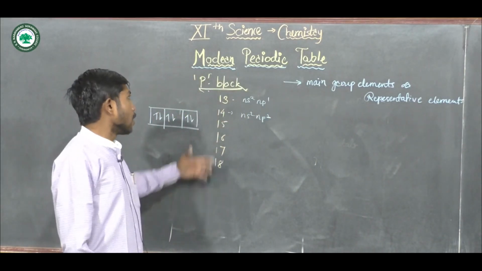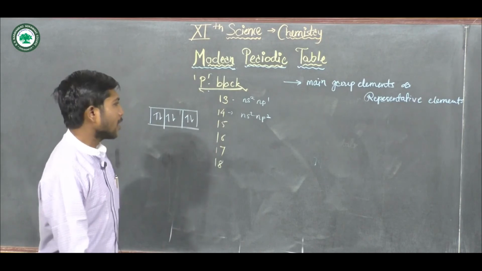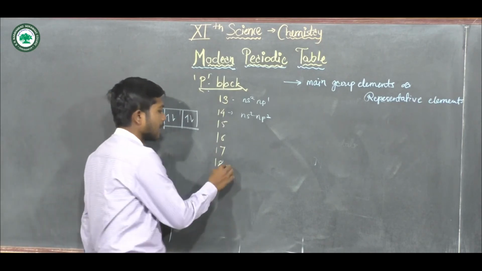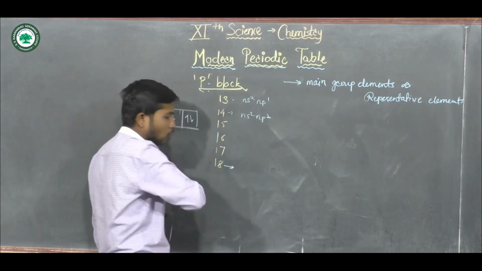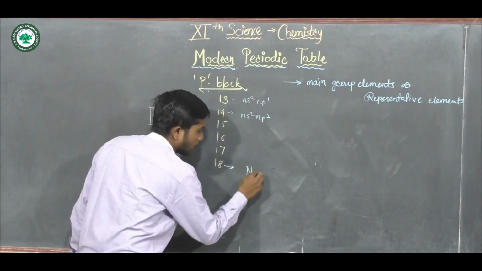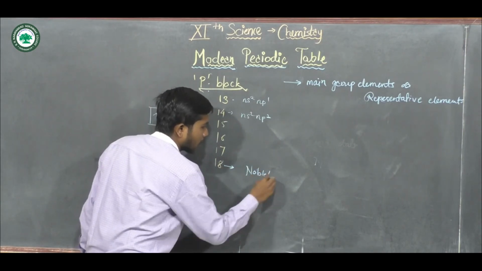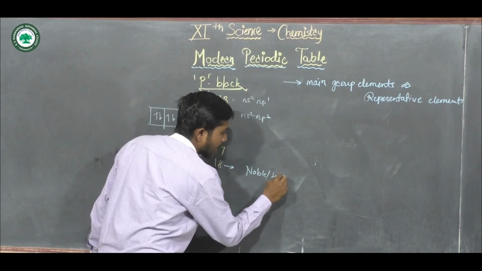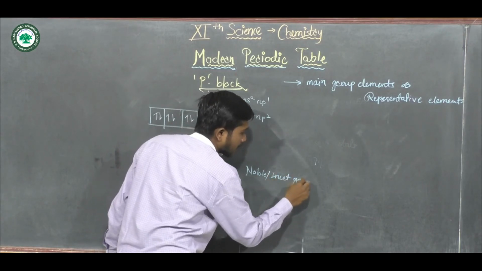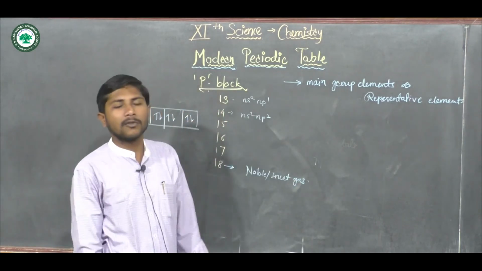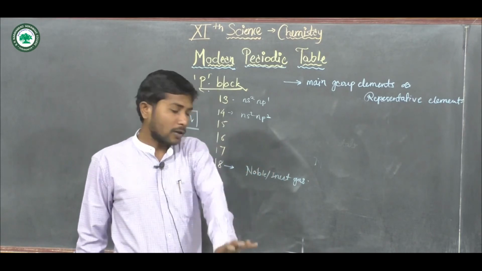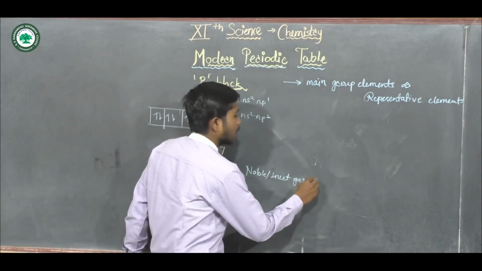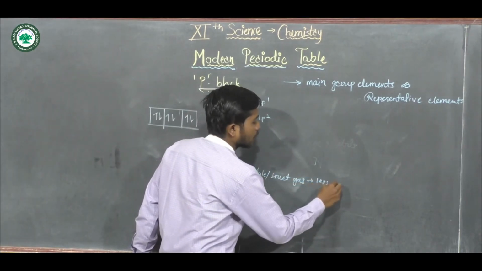Again, what are the characteristics of these p-block elements? They include the 18th group, known as the noble gases or inert gases, which have completely filled outer electronic configuration, and that's why they are less reactive.